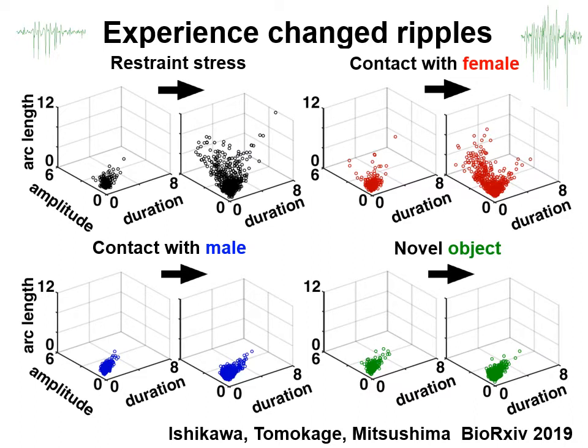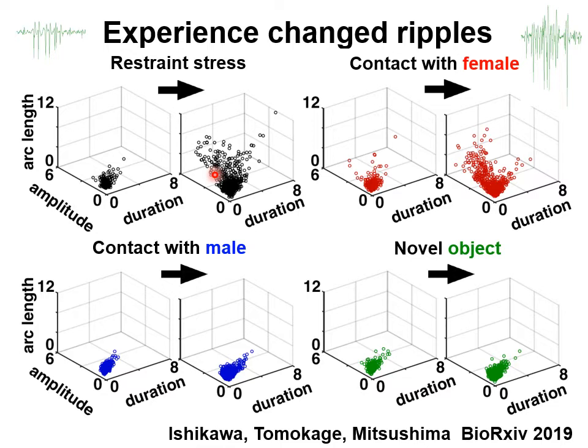We used 8 to 10 rats for each episode. One circle indicates the feature of one ripple. Although the rats mainly showed plain and simple features of ripples before the episodic experience, they frequently showed big and loud ripples after these experiences.